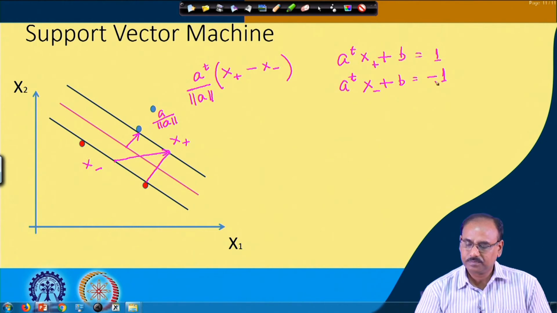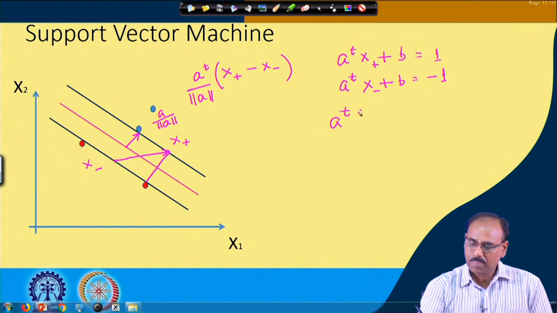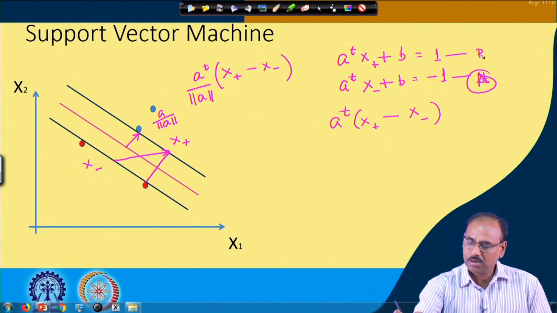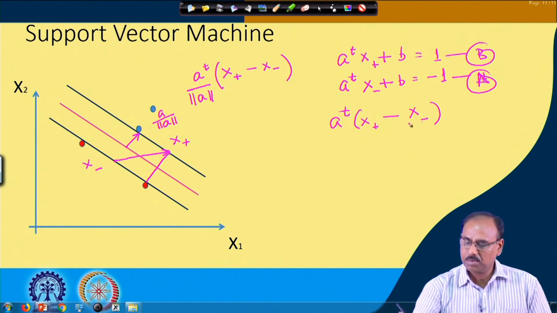So, from here you find that A transpose x plus minus x minus, just subtracting, if I call it equation A from equation B, I get A transpose x plus minus x minus is equal to 2.